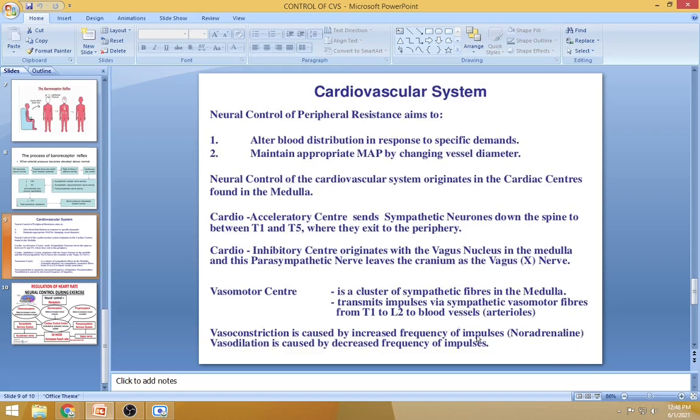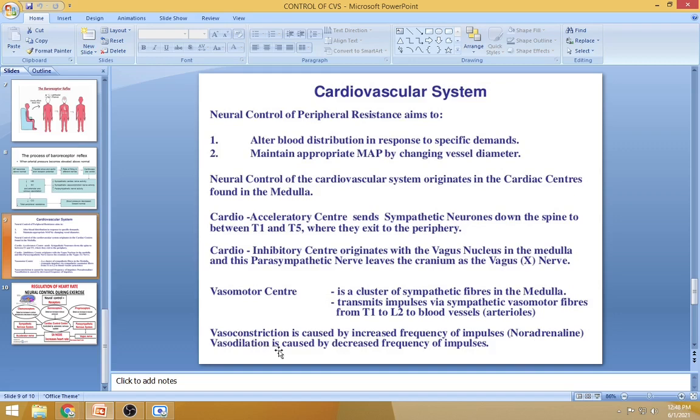All right, increased discharge of noradrenaline would result in this, or depending on what kind of impulse is being generated, it can also cause vasodilation.